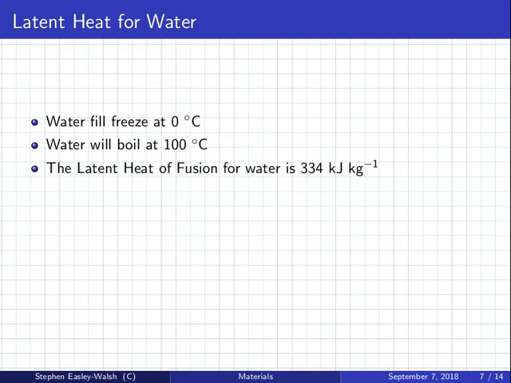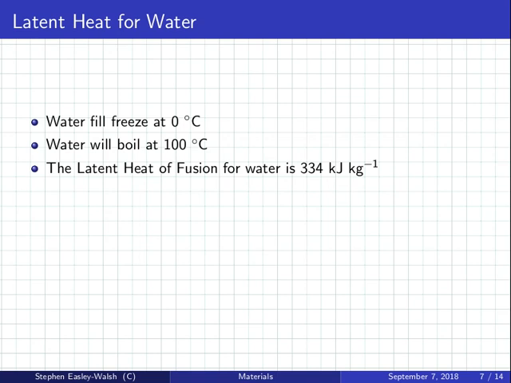If you want to melt ice, you need the latent heat of fusion. And that's a pretty big number. That's 334 kilojoules, so it's actually 334,000. Now just think for a moment. What was the specific heat capacity? It was 4,000, roughly.